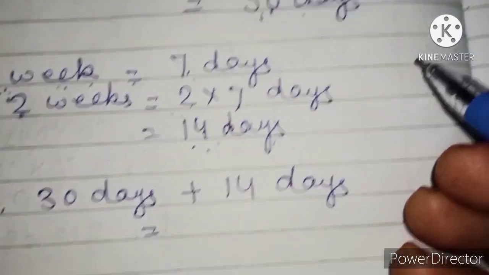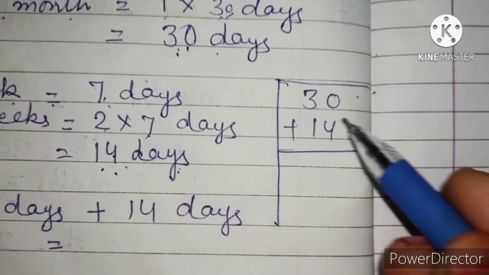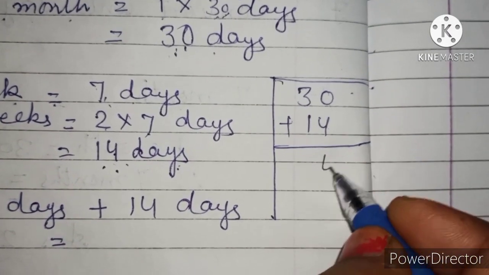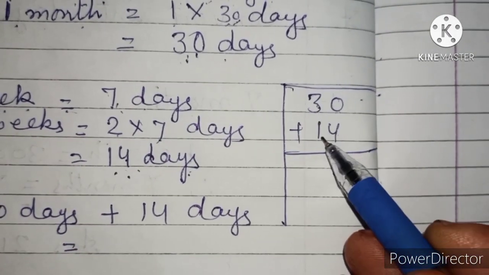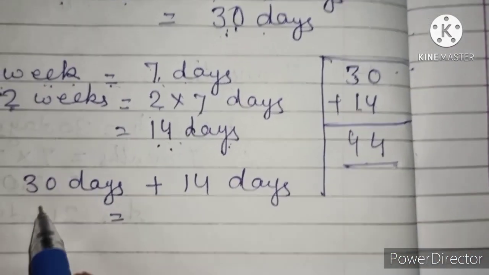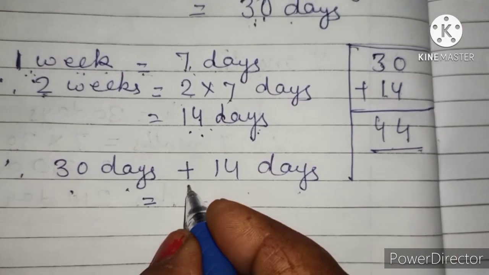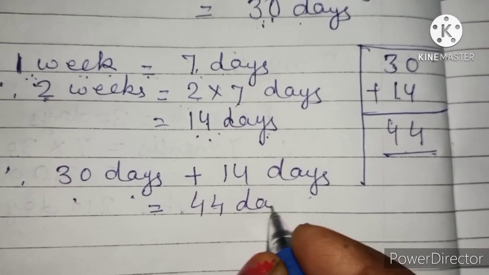So let's start adding. 0 plus 4 is 4. 3 plus 1 is 4. 44. 30 days plus 14 days is equal to 44 days.